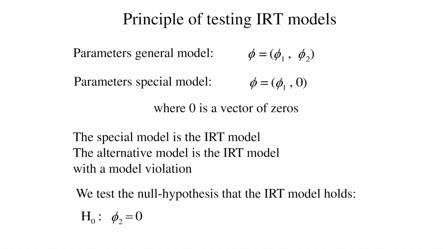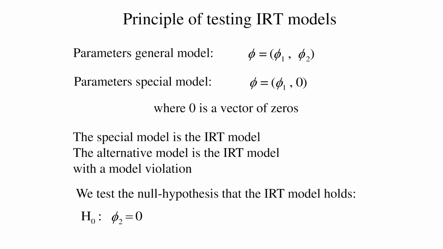What we will look at now is, a little bit more in detail, what kind of information that could be and what the various ways are of obtaining that. Statistically, testing IRT models is nothing special, it is like testing any model in statistics, and in statistics we usually test models by assuming a general model and a special model.